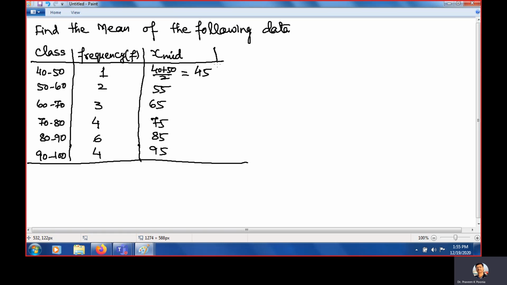After evaluating this x mid, then you need to multiply f into x mid. This is called f x mid. And how much will it be? Now you need to find it. 45 into 1 is 45. 55 into 2, it is 110.